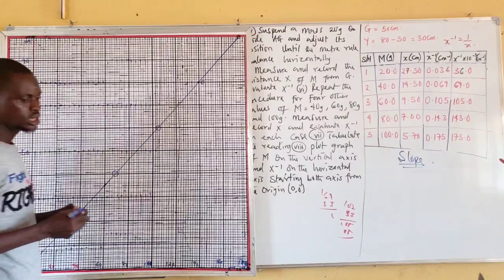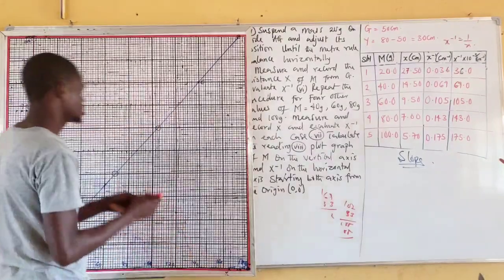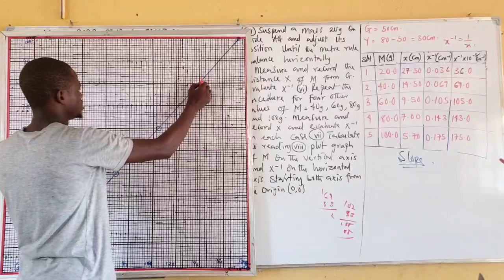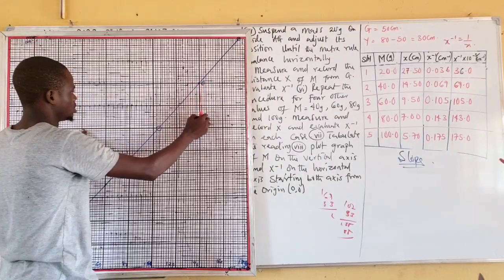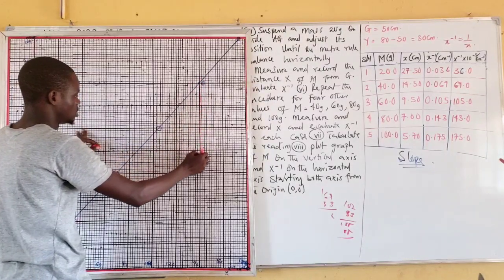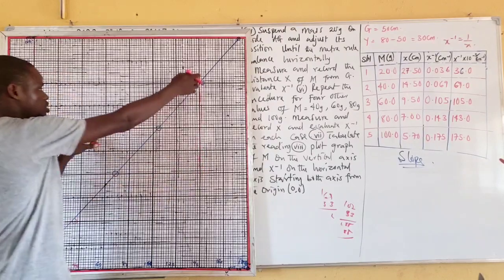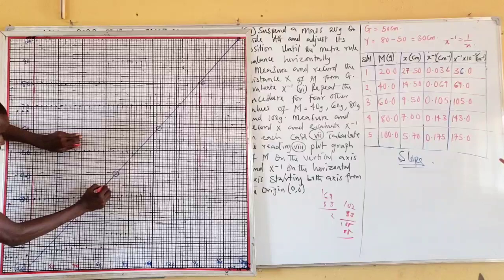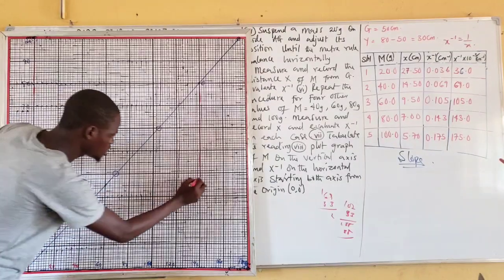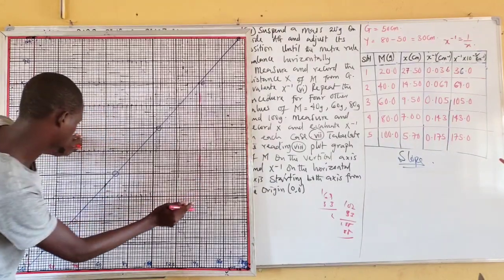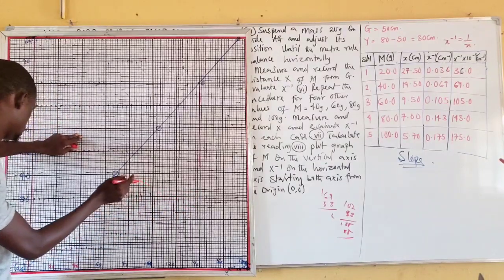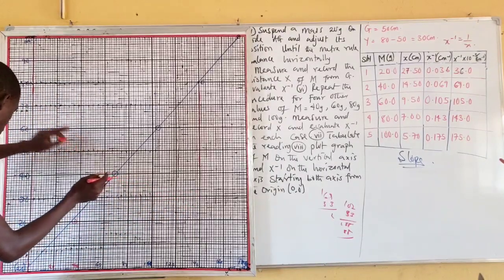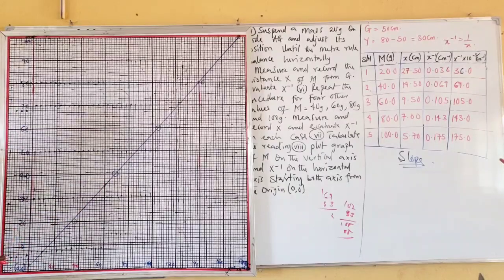Now I can draw a straight line, let me use my red pen here. I have a straight line. We are going to draw this one down. You know, we have 2 points. This is my next point, right? This is my second point. This is my first point. Just make sure that it is a little bit bigger.